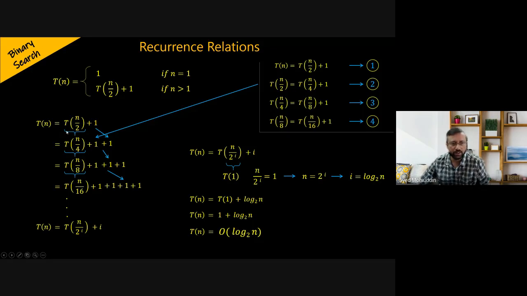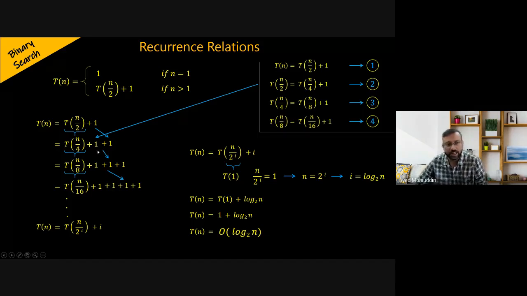Now, in place of T(n/2), we found the second equation, T(n/4) plus 1. So instead of T(n/2), we substitute the second equation, which is T(n/4) plus 1, plus the 1 from the original equation. This part is for T(n/2).